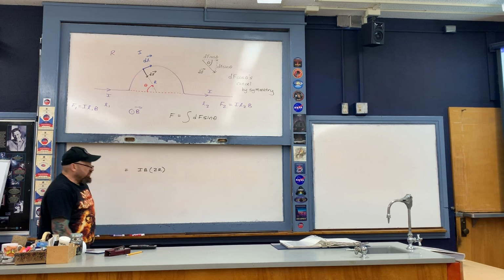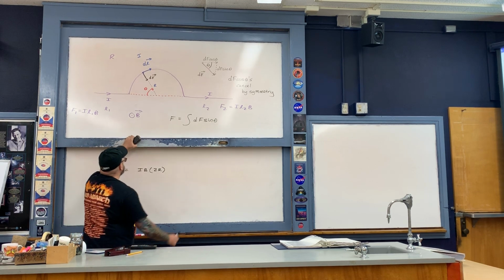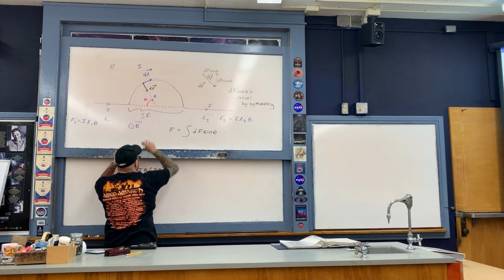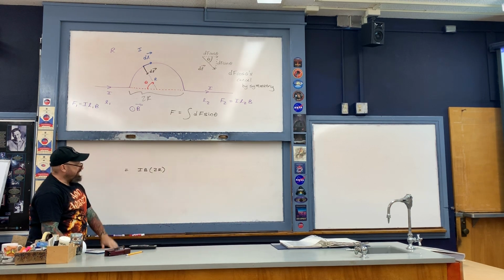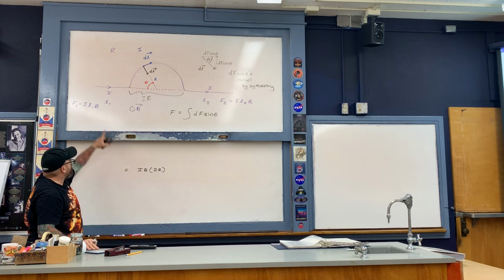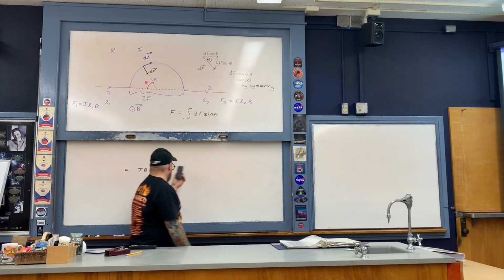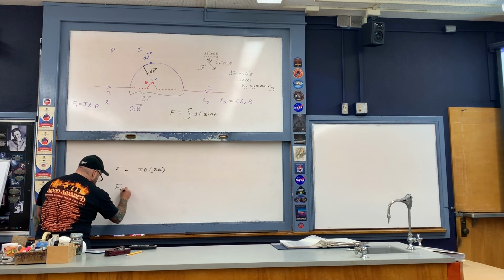Notice that I put the 2R, the diameter of the half circle, in parentheses, because that 2R is just this straight line segment portion of the half circle, like so. So now add up all of the forces to get the total force exerted upon the wire. It's this quantity here, plus this quantity here, plus this quantity here. So let's just call that F total.